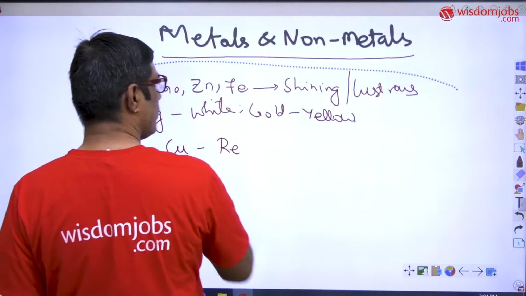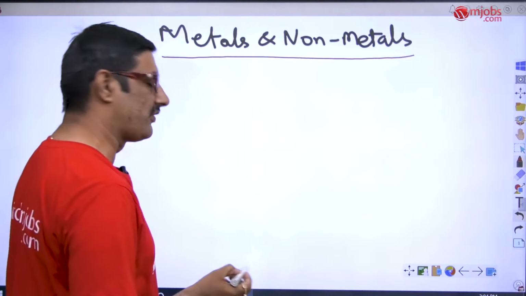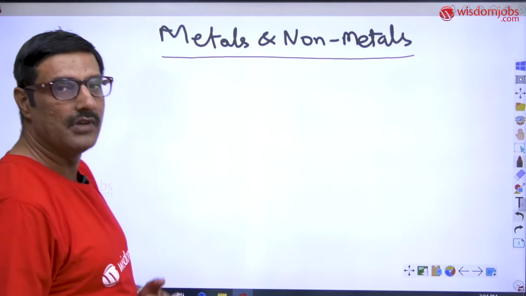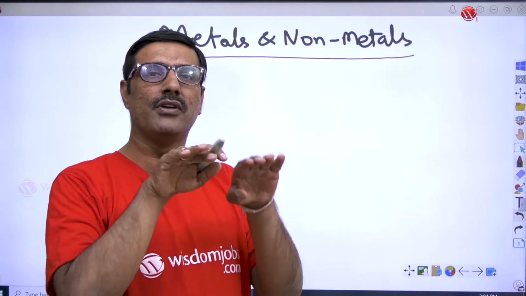Now if you observe, some of the metals can be made into sheets. By beating them at higher temperatures, a block of a metal can be converted into a sheet.